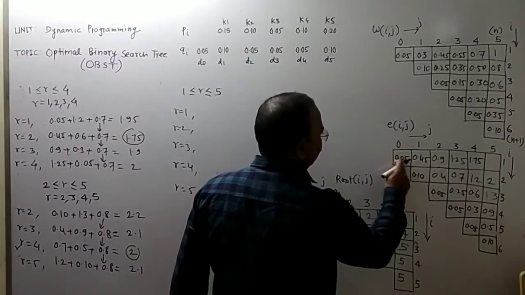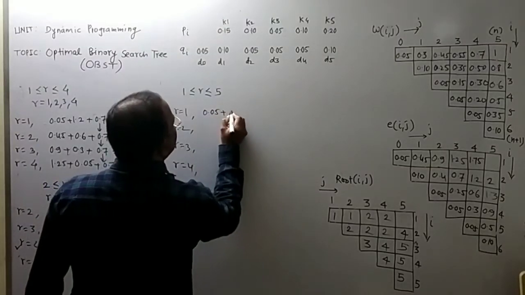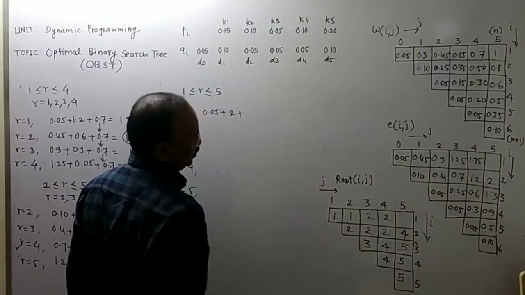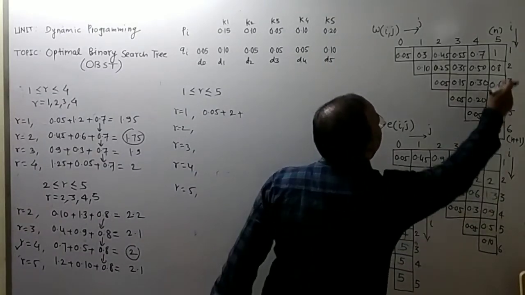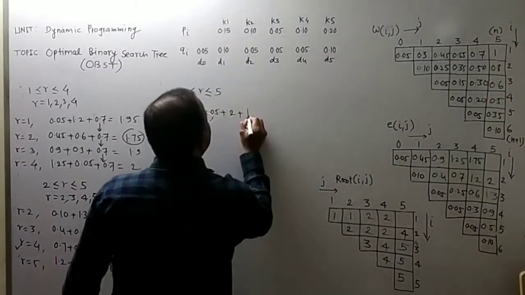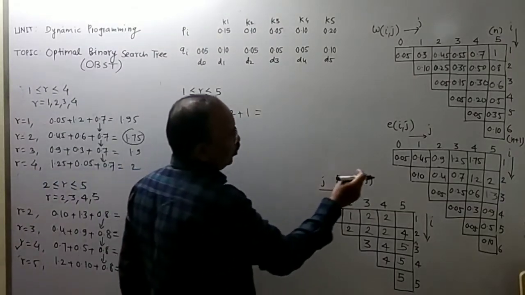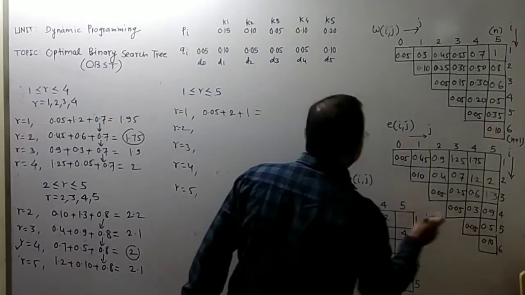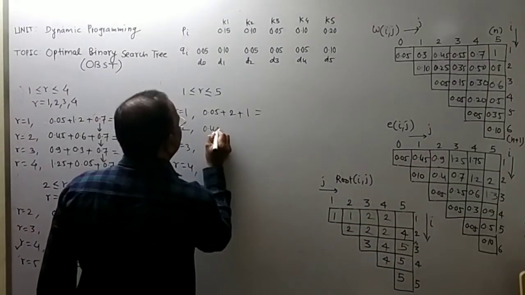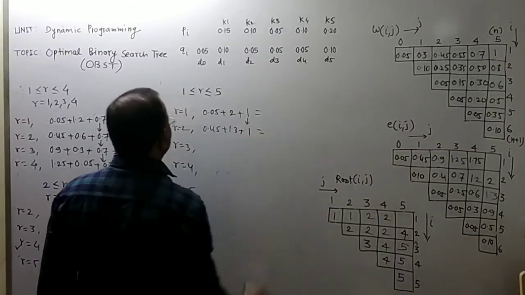That is 0.05 plus 2, plus the W value at the 1, 5 position, that is 1, is equal to. Then R is equal to 2. We have to consider 0.45 and 1.3. 0.45 plus 1.3 plus 1 is equal to.